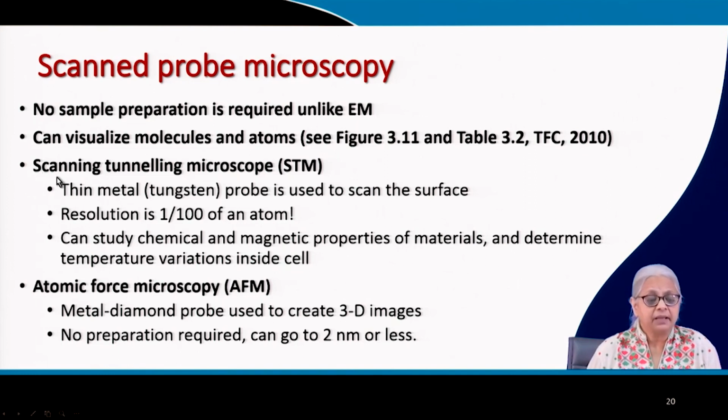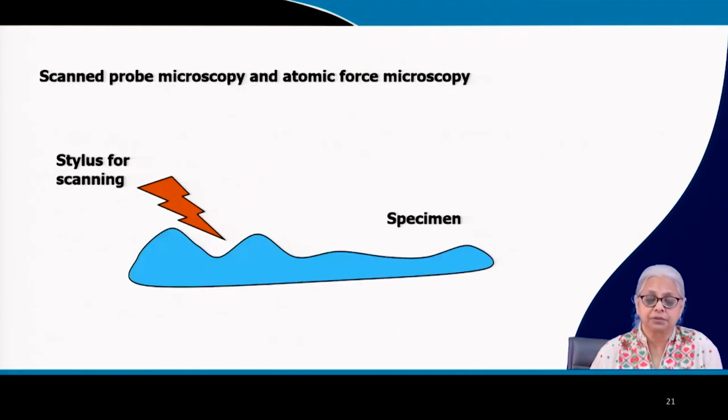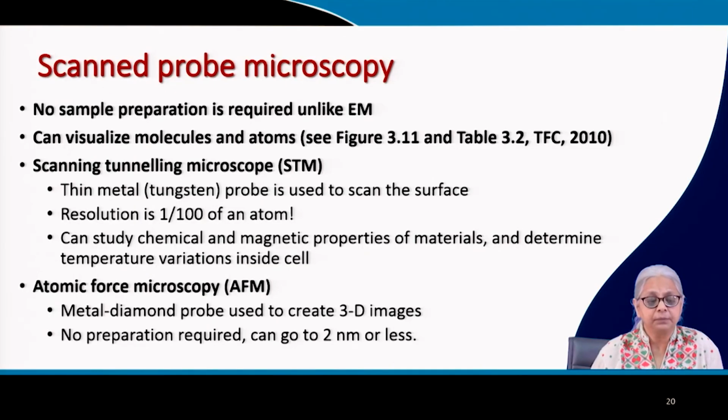And then we come to scanning tunneling microscopes, STM for short, where we use a thin metal probe to scan the surface. So we have a stylus type metal probe, and this metal probe will move as the surface of the specimen varies. The height of the specimen will vary, and the stylus will move along with that surface. So the same principle is applied in both types of microscopy.